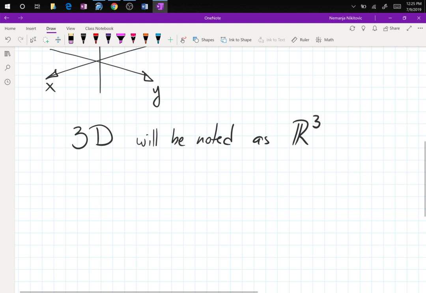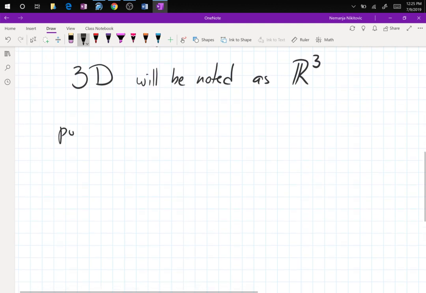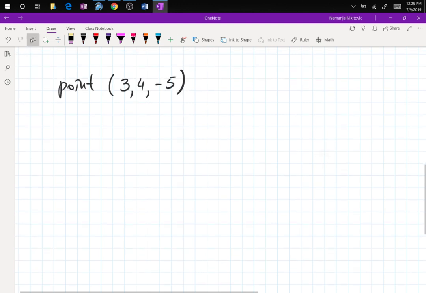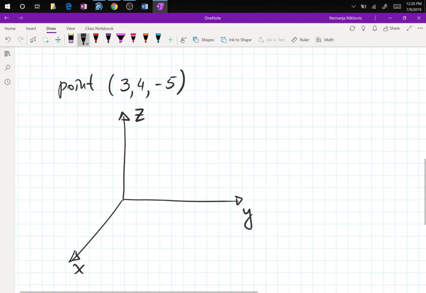All right. Let's graph a point, say 3, 4, and negative 5. 3, 4, negative 5. We are going to draw the right coordinate system, x, y, and z. We are going to walk 4 units down the x-axis in a positive direction.